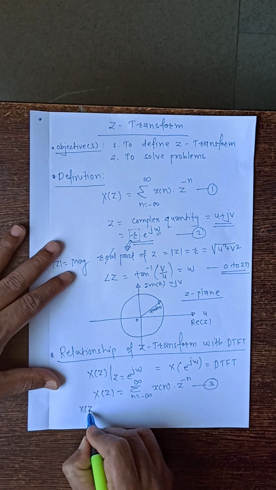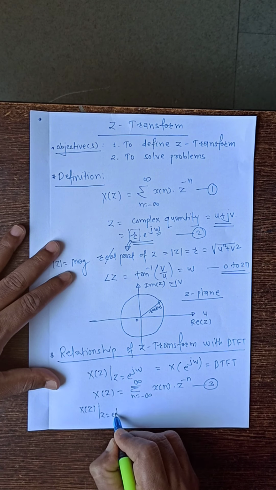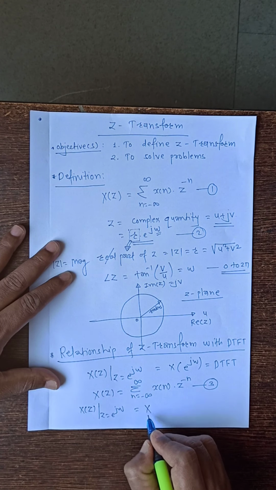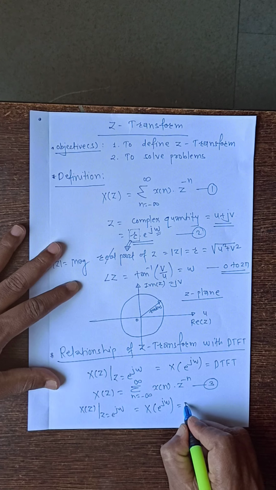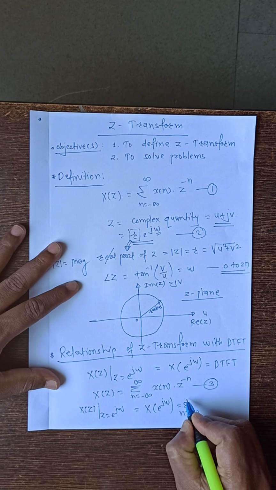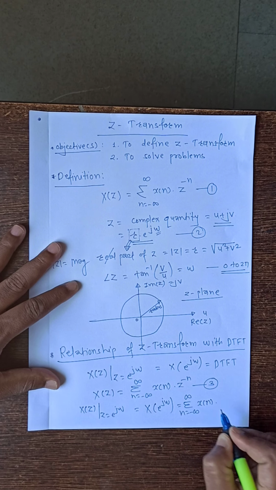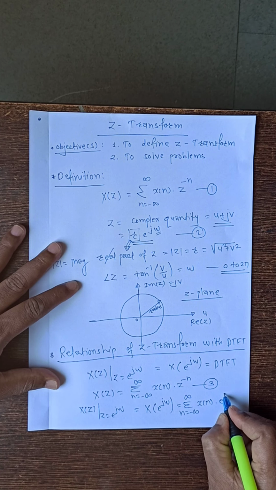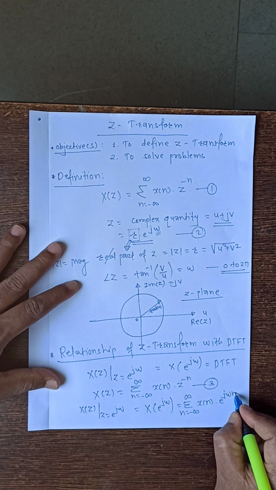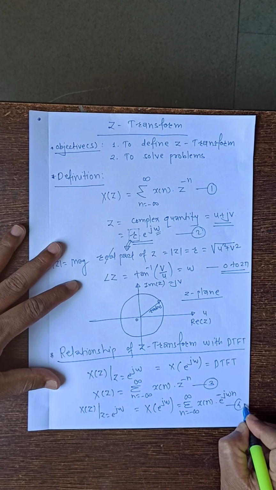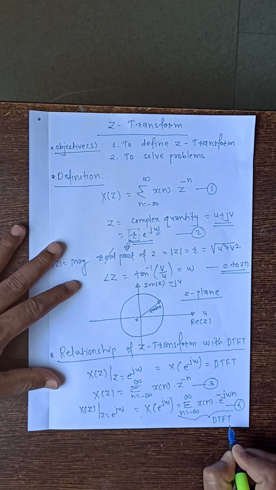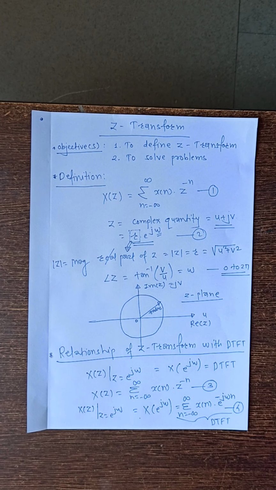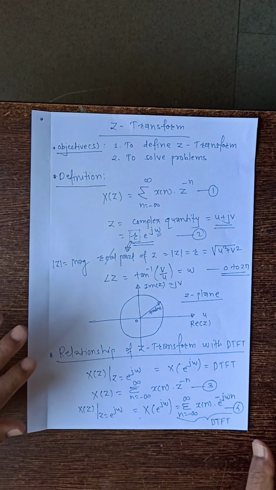And X(z) at z equals e raised to j omega equals X of e raised to j omega, because z is replaced with e raised to j omega, that is summation n equals minus infinity to plus infinity x[n] times e raised to j omega to the power minus n. This is equation number 4, and this is nothing but the DTFT, discrete time Fourier transform. So this is the relationship between the DTFT and z transform, right?